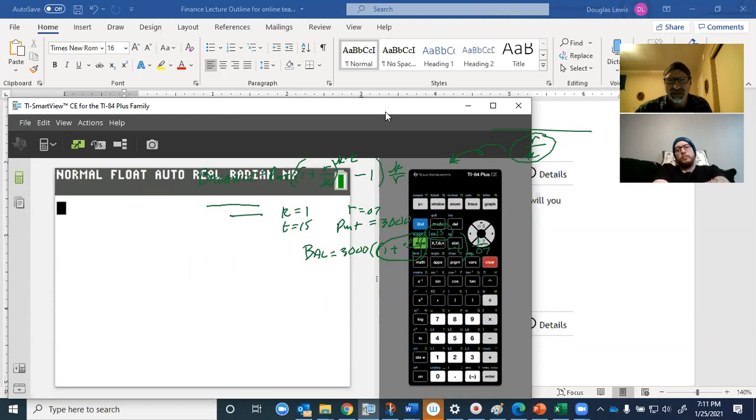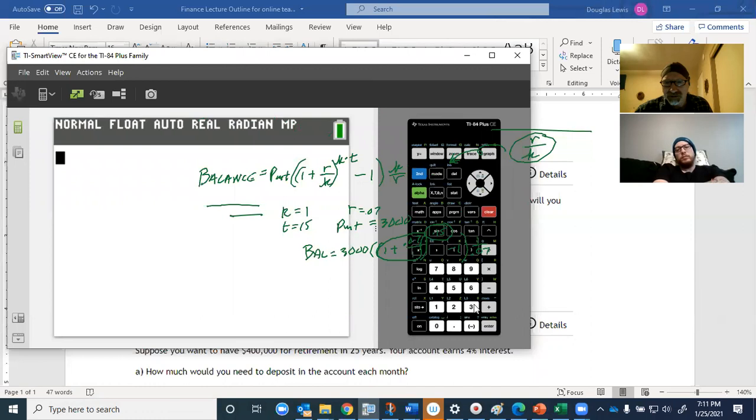To plug all that in the calculator, 3,000 times parenthesis, so we get 3,000, and then you just use double parentheses, 1 plus 0.07, and I don't need to divide by 1, I know this one. And then 1 times 15 is just going to be 15.